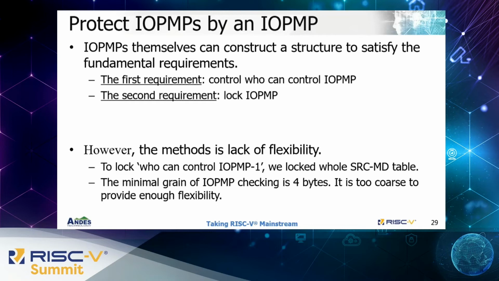To lock who can control IOPMP 1, the loop of denying also asks us to lock the whole SRC table at the same time. It's because we need to enforce every SID associated with MD0. However, the minimum granularity that an IOPMP can control is 4 bytes. So we have to lock all bits of the SRC MD register instead of just the few desired bits.